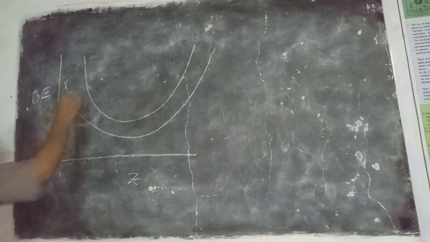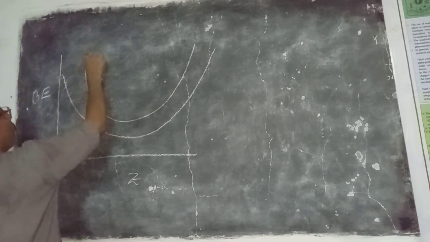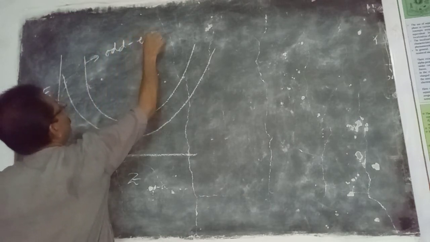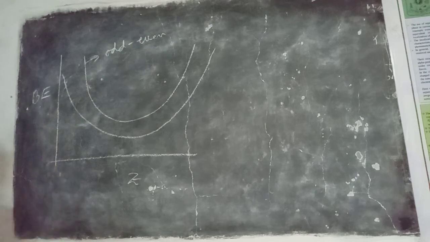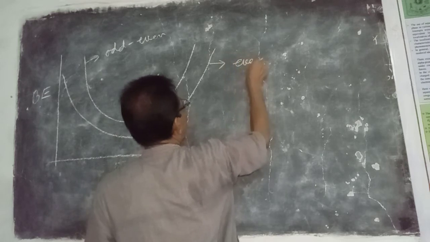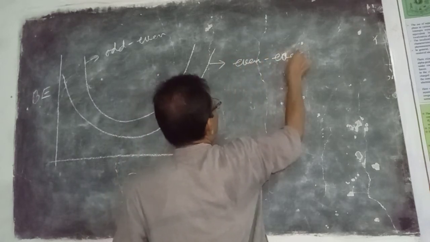The upper one is for odd Z, even A, and the lower one is for even Z, even A.